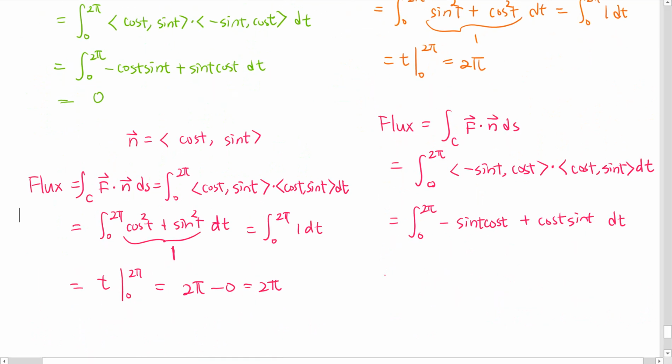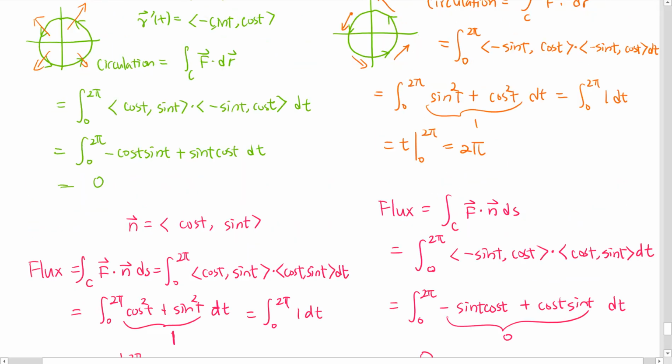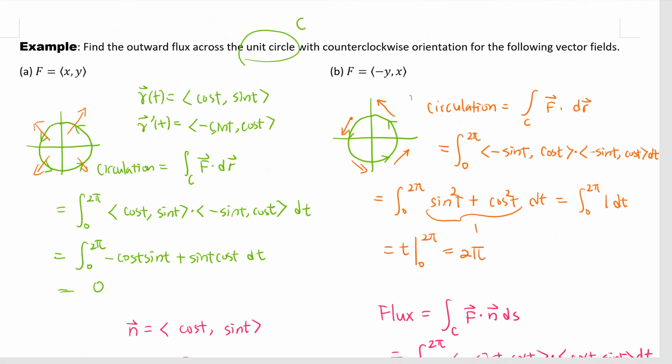Oh, they're the same, so that's 0. Yes, we do have 0 flux in this case, because you can see this vector field is going along in the direction of the curve. So the component going across the curve is 0. So far so good, everybody.